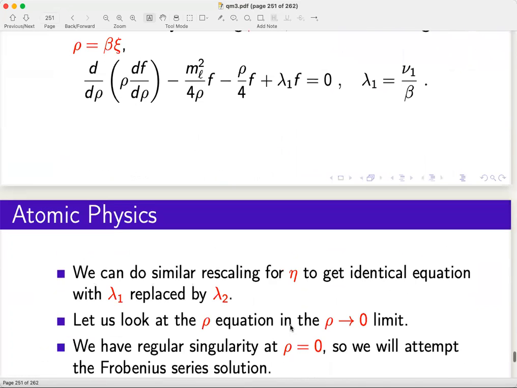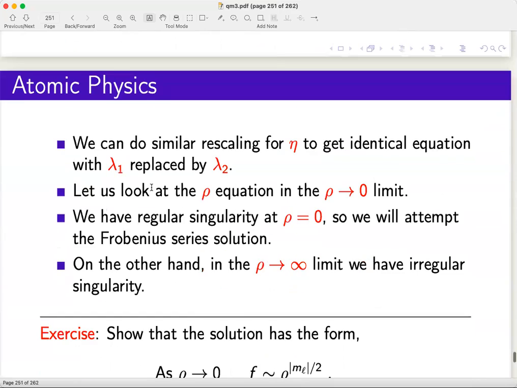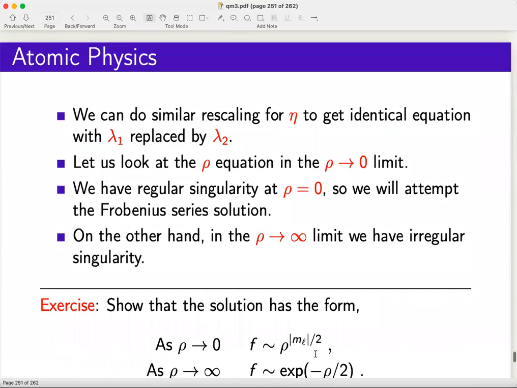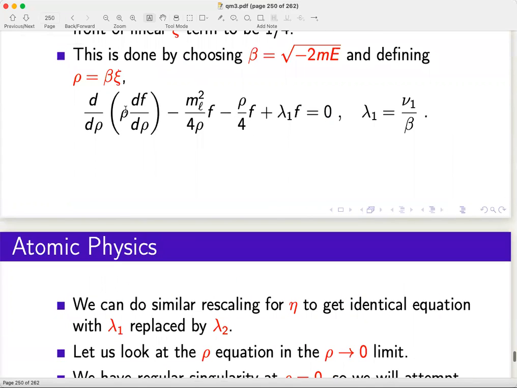But because of this factor of rho, you actually reinstate the power of ml again. After differentiating, f would have had a dependence rho to the ml by 2 minus 1, but that minus 1 is compensated by this rho, putting it back to ml by 2, and the second derivative gives you a term of this kind, which you can show would naturally cancel.